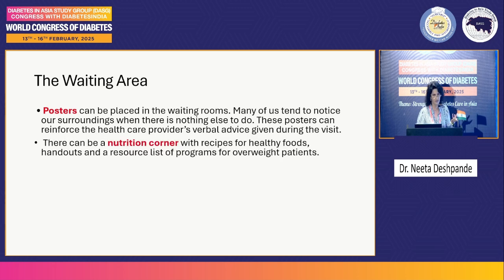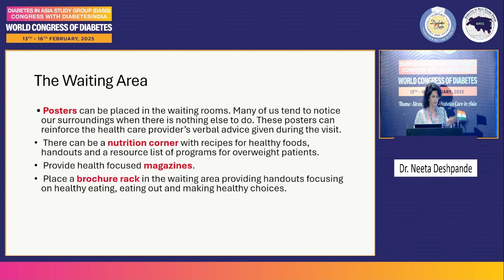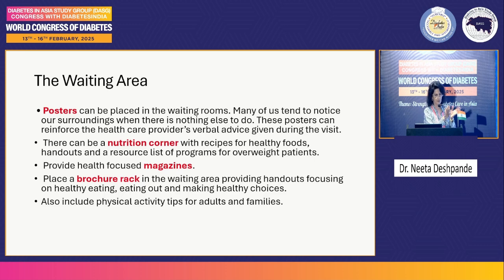And you can have a nutrition corner where the most scientific data is put up in a nice way. You can provide health focused magazines, and have a brochure rack providing substitution choices for bad food. So you have this instead of this, all the things that you see on your Instagram reels and Facebook shorts. You can put them here, and people will be more receptive because they have come there to lose weight.